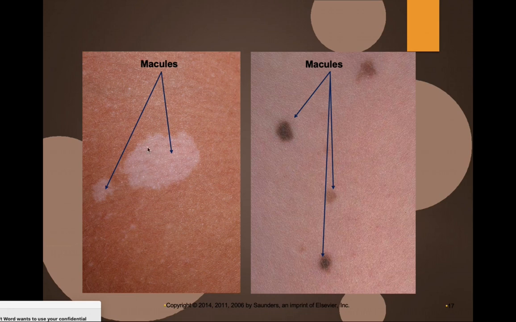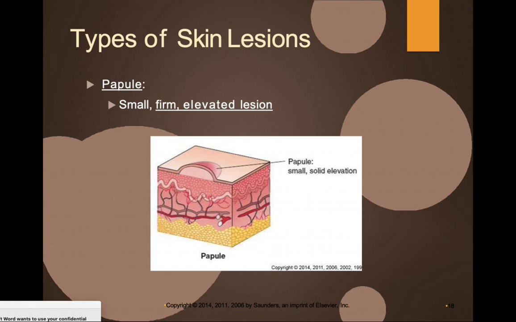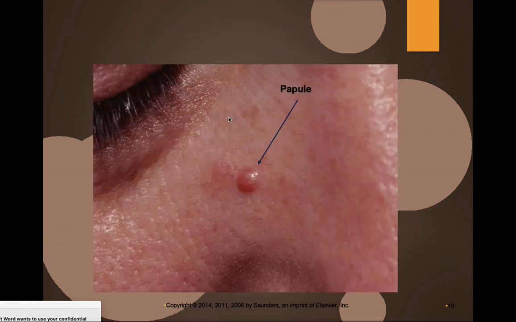So on this side, we have hypopigmentation, macule, and on this side of the skin, it's hyperpigmented. Those are macules. A papule, we can see now it's small, it's firm, looks like it's in the epidermis here, and it's an elevated lesion. That is a papule.